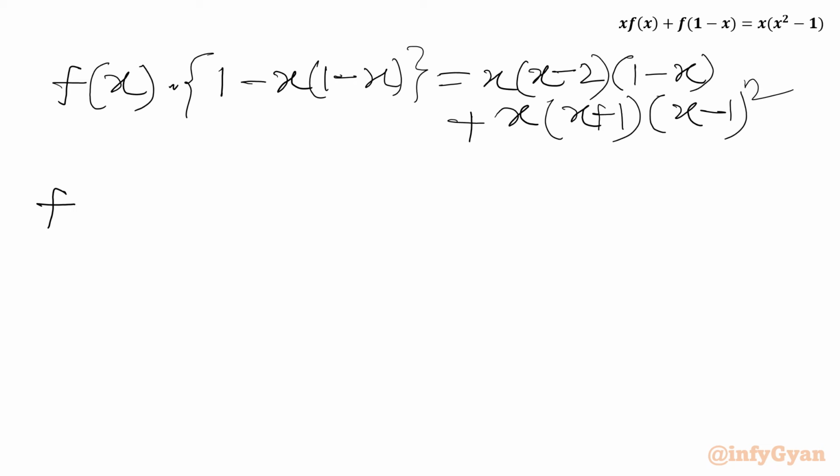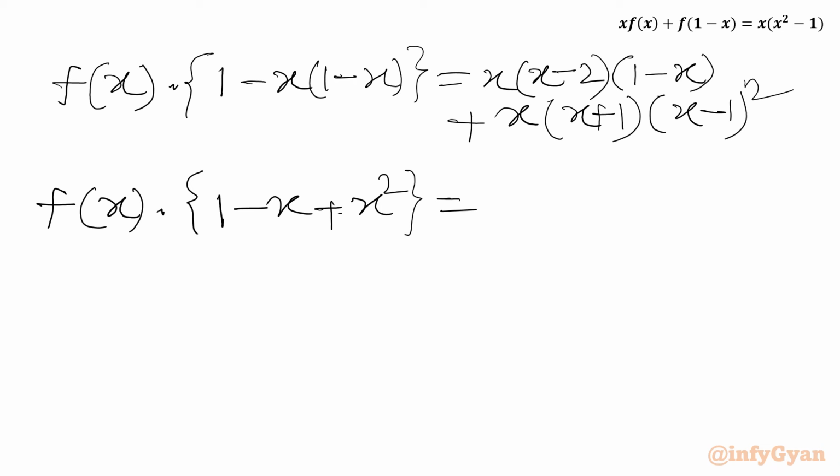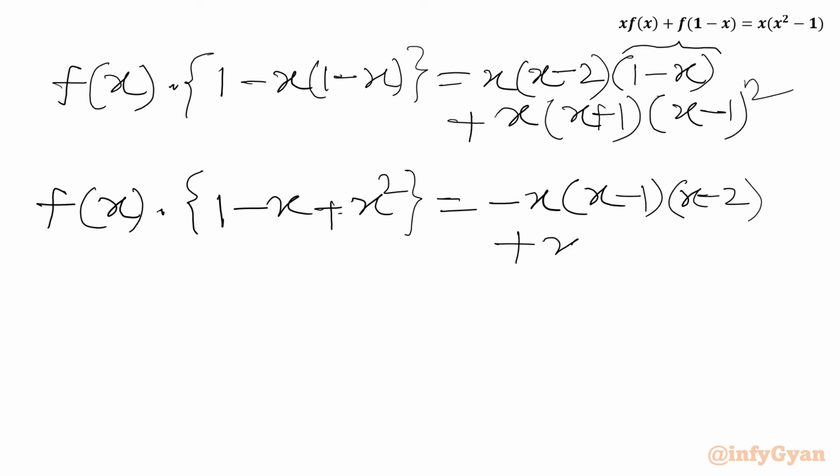We can write f(x) times, here we will write 1 minus x plus x square. In the RHS, I want to take x minus 1 common. So I will take minus common from this bracket first. We can write minus of x, (x minus 1), (x minus 2). Then we will write plus x, (x plus 1), (x minus 1) whole square.